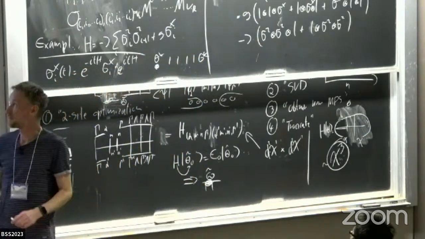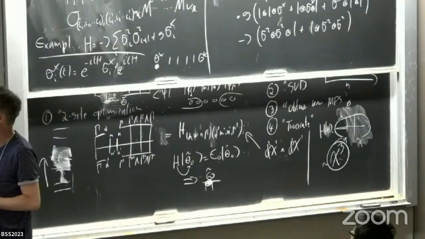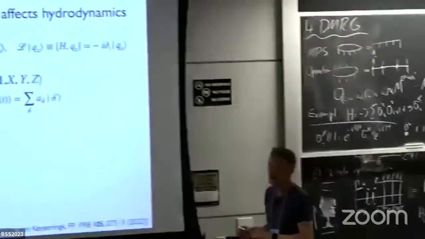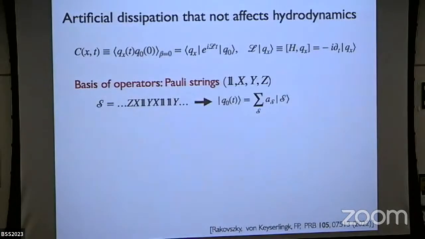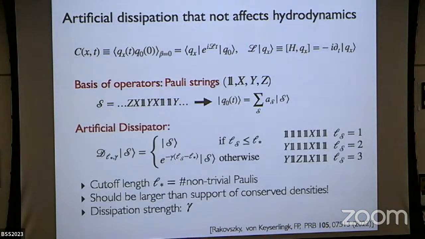But then, this is the thought that we are putting here: let us put some intuition about the problem to make life easier. And the idea that we proposed in a recent paper is to introduce some artificial dissipation. The artificial dissipation that we add to the system is that we dissipate complicated operators.